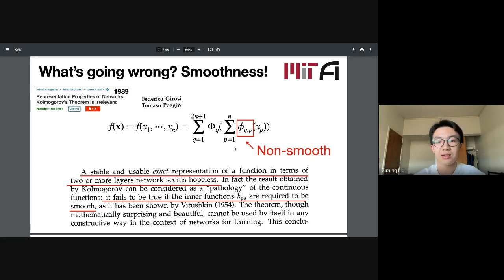So that's the gap of smoothness. Because of this smoothness argument, they say the theorem fails to be true if we constrain the inner functions to be smooth.